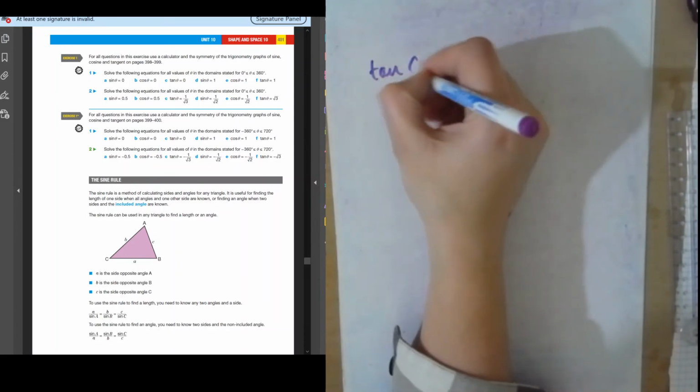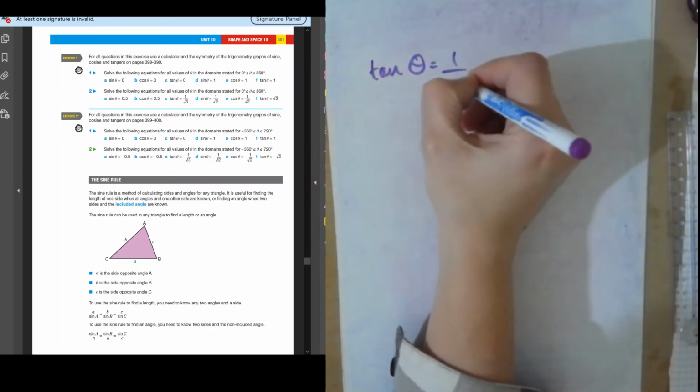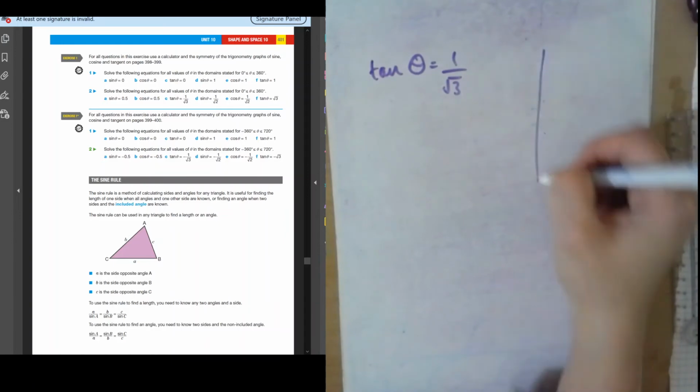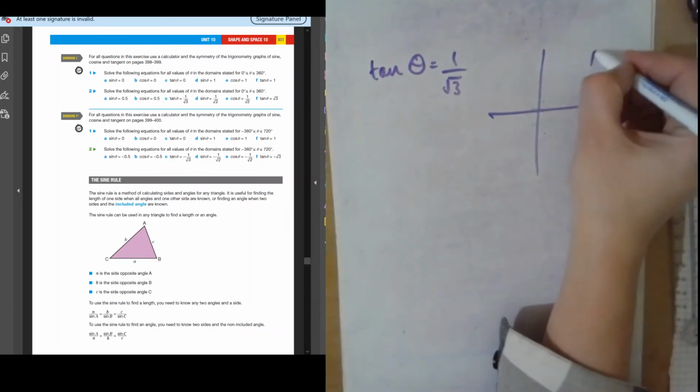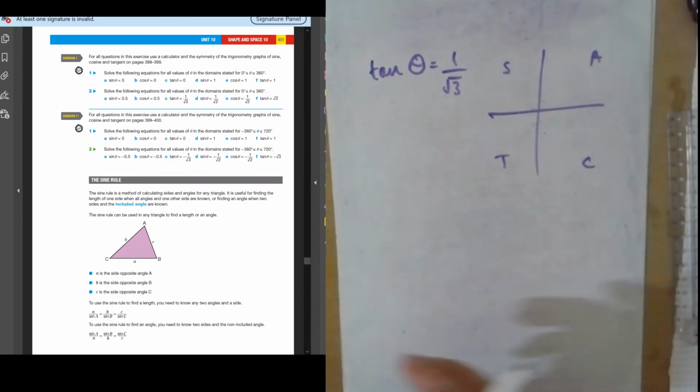Tangent theta equals 1 over root 3. So I've got my CAST diagram. Let me type in 1 over root 3, close bracket.